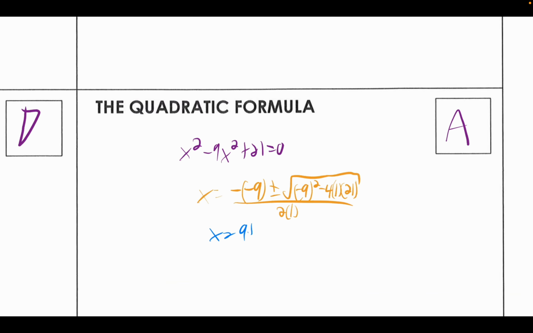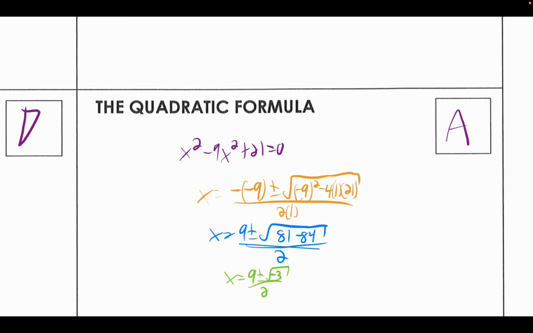And so this is 9 plus or minus the square root of 81 minus 84 all over 2. So that's x equals 9 plus or minus the square root of negative 3 all over 2.